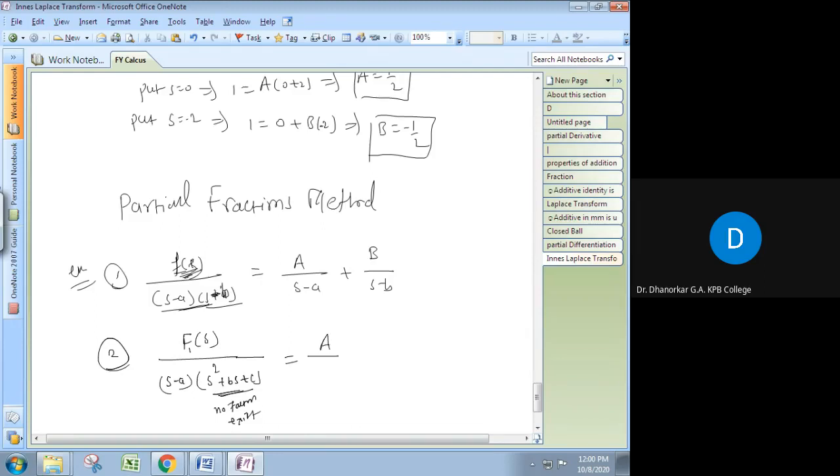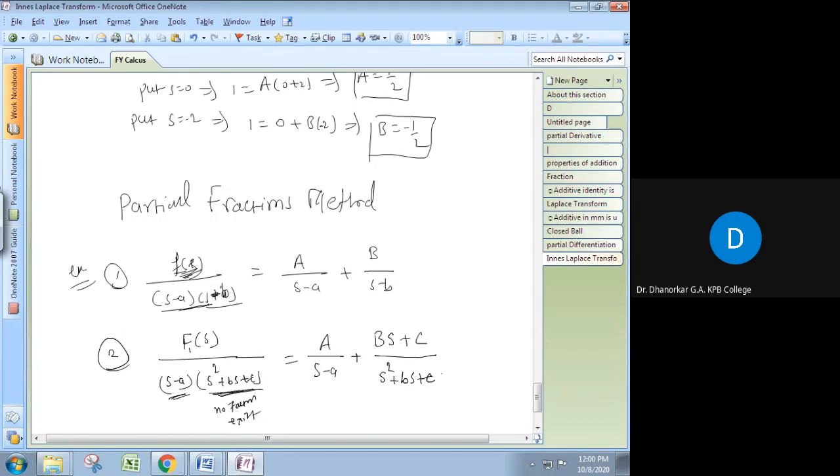It is A divided by s minus a, because a factor is there. The first is a factor, and the second is a second degree polynomial whose factors do not exist. Therefore, we write this as capital B s plus capital C, over s square plus bs plus c, where this is a small c.